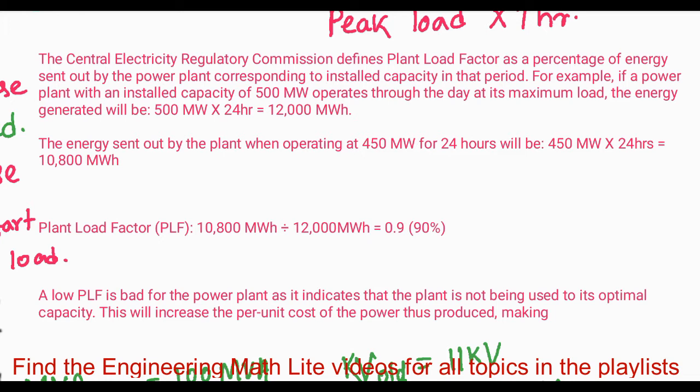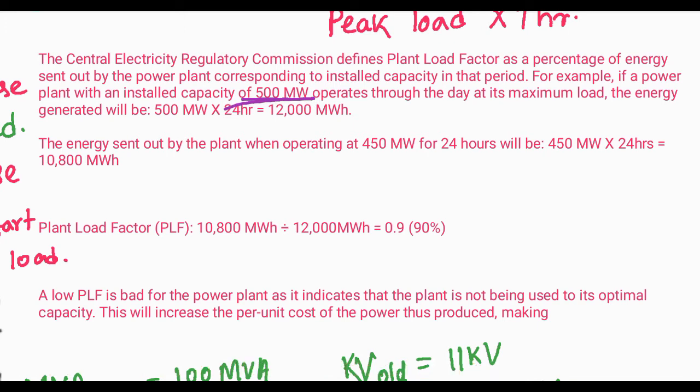For example, if a power plant with an installed capacity of 500 megawatt operates through a day at its maximum load, the energy generated will be 500 megawatt into 24 hour, that is 12,000 megawatt hour.